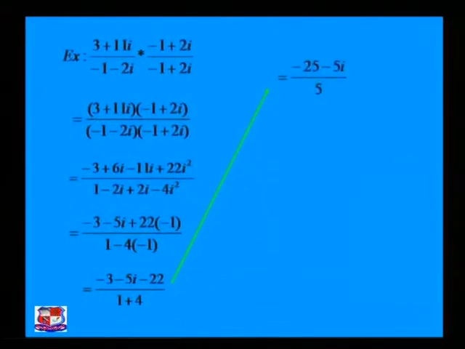So in the end we will get -25, -3 - 22, that is equal to -25, minus 5i upon 5. If we divide -25 by 5 and -5i by 5, I will get the final answer -5 minus i.